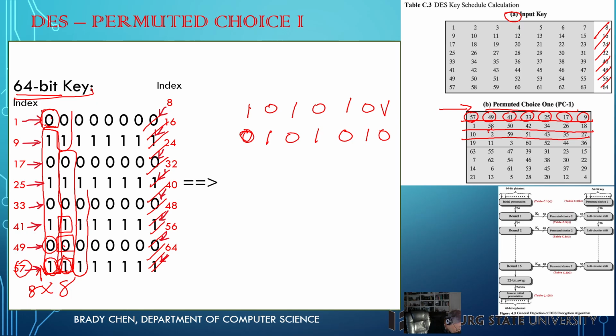We're going to pick 1, 2, 3, 4, 5, 6, 7. So that's it. So it's a 1, 0, 1, 0, 1, 0, 1.